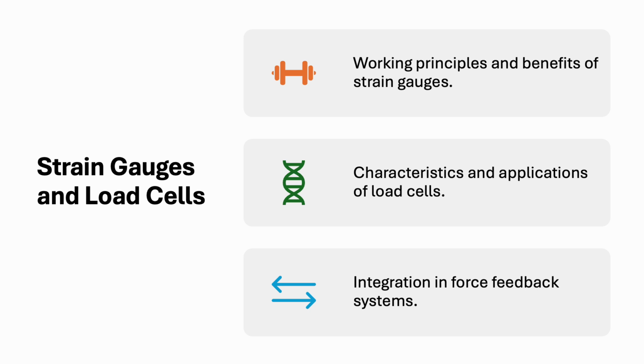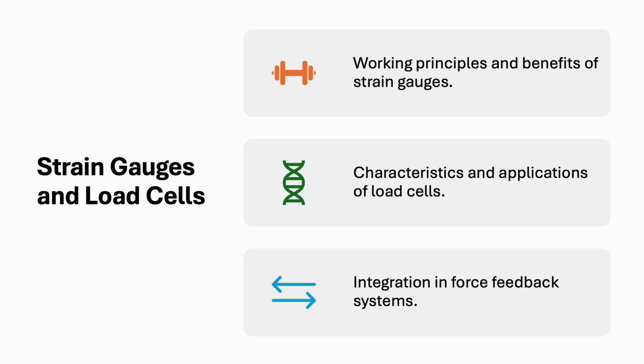These devices operate on the principle that electrical resistance changes when the conductive material is stretched or compressed, whereas load cells, on the other hand, are transducers that convert mechanical force into measurable electrical signals, and they often utilize strain gauges as a fundamental part of their design.